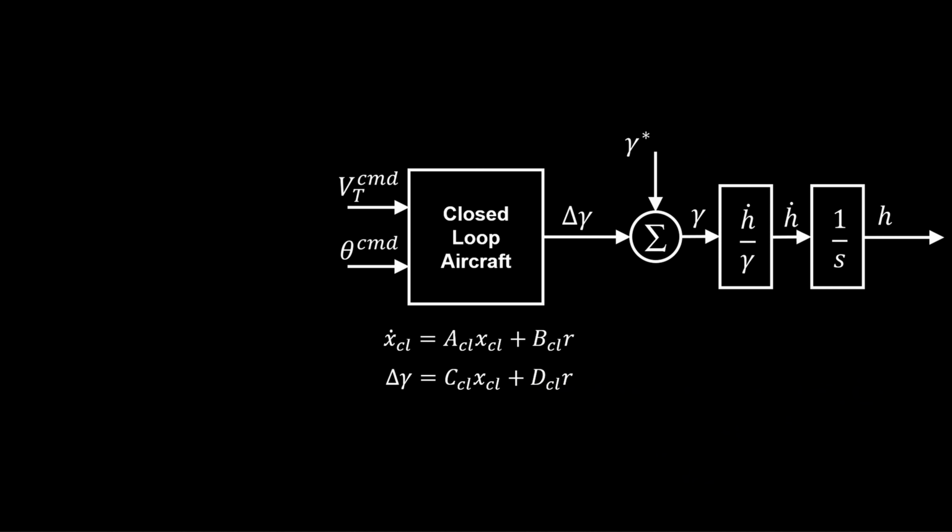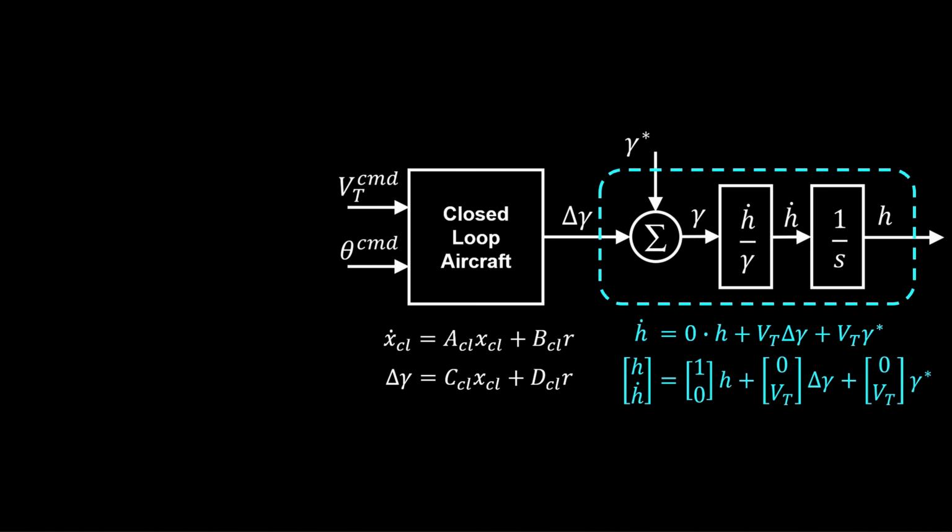Thus, we have created the altitude dynamics, which is a new process at the output of the closed-loop aircraft. We can write the altitude dynamics as a state space model, where we create the output equation to produce altitude and altitude rate h dot.